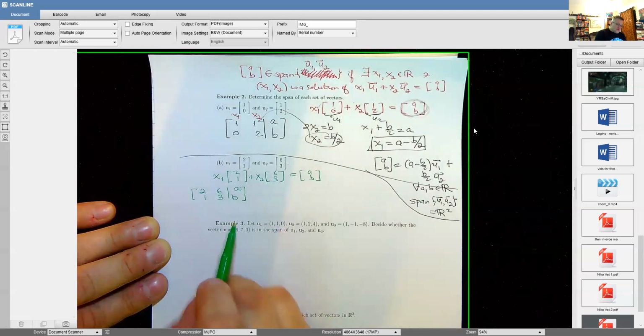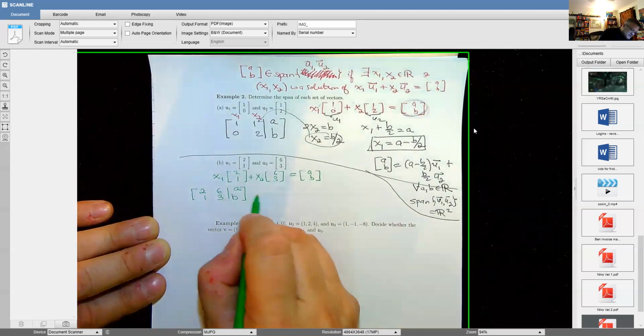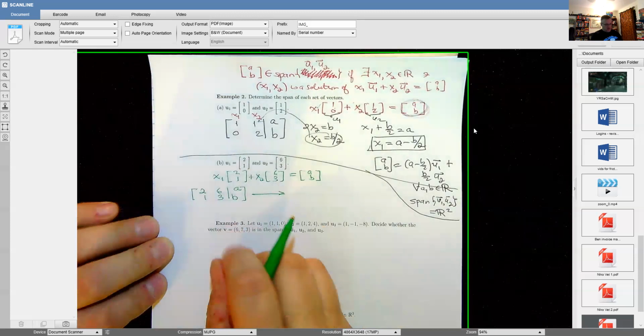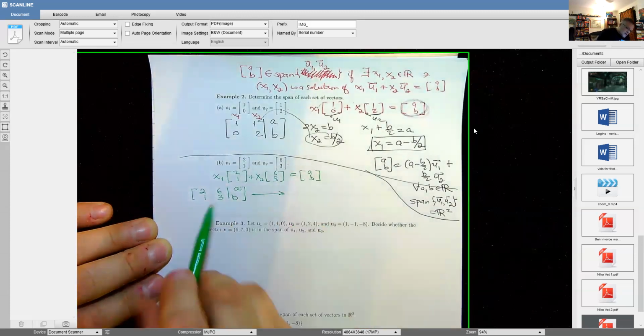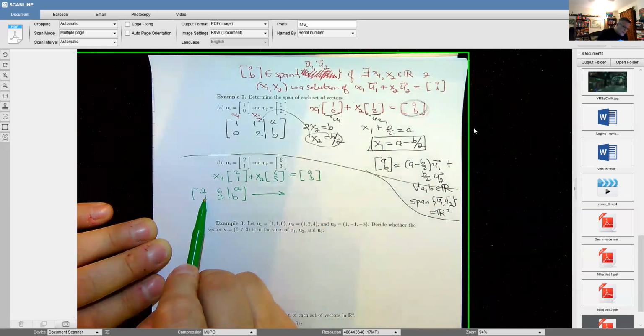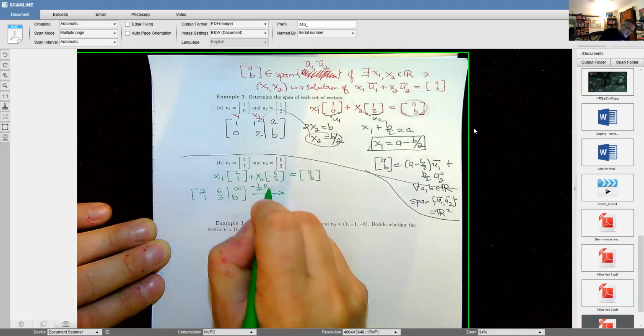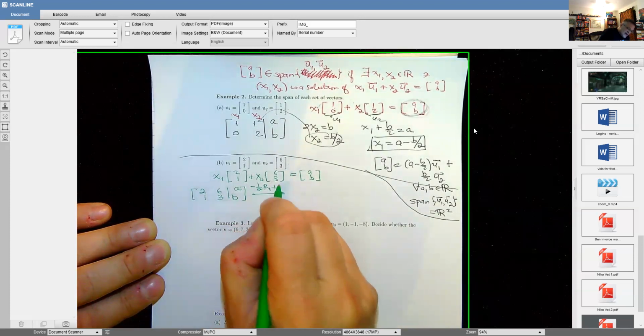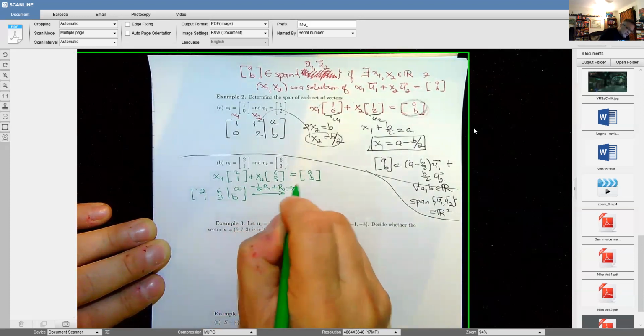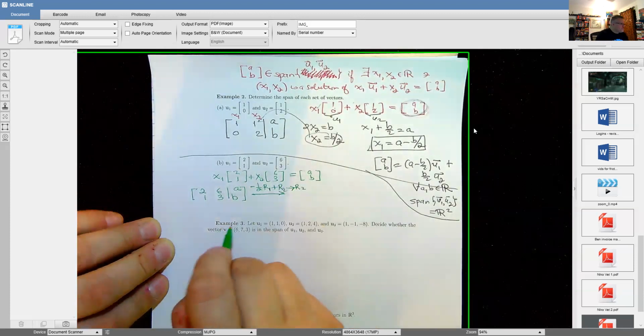All right. Notice that's not in echelon form. So I want to put it into echelon form, which means I want this guy to have a zero where the 1 is. And so I'm going to multiply the first row by minus 1/2, add it to the second row, and replace the second row by that.